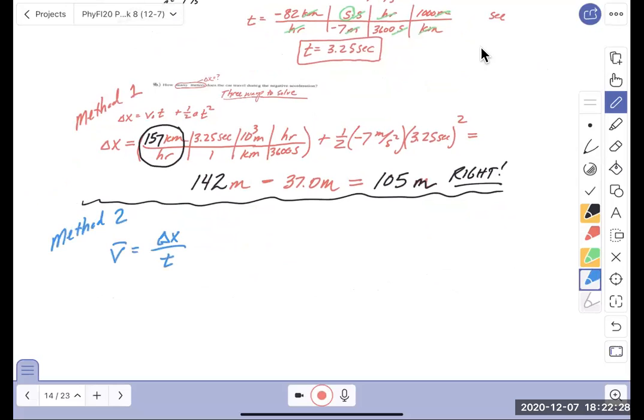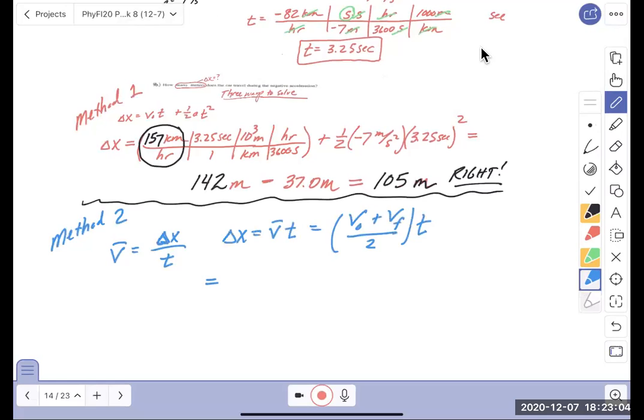This is one of the equations we used to derive, and it works for trios because it's V bar. Solving for delta x, we have delta x equals V bar times t, which is V naught plus V final divided by 2, that's V bar, times t. This only works for trios. So this might be a little easier.